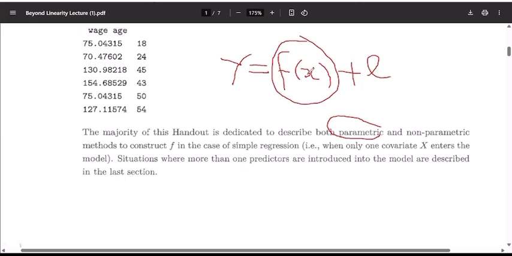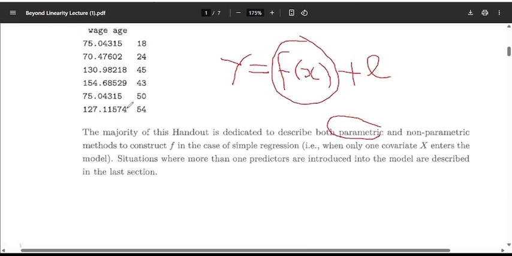A parametric procedure requires that, in estimating this function, it is assumed to follow a specific functional form. It could be normal, gamma, and so on. But in the non-parametric approach, we do not assume any functional form. Does that make sense?